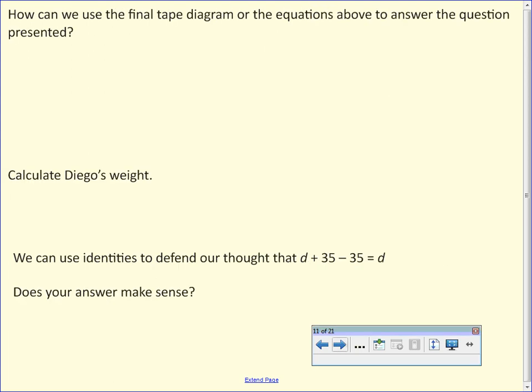How can we use the final tape diagram or the equations to answer the question represented? Well, let's see.